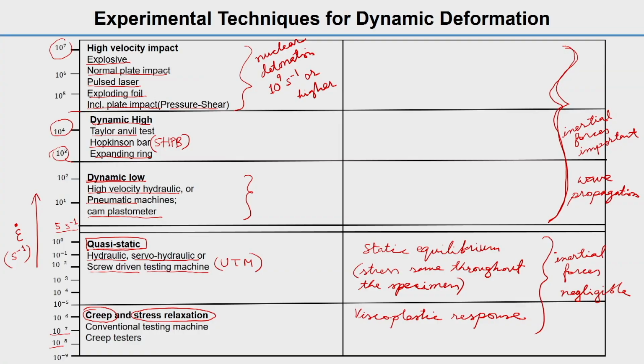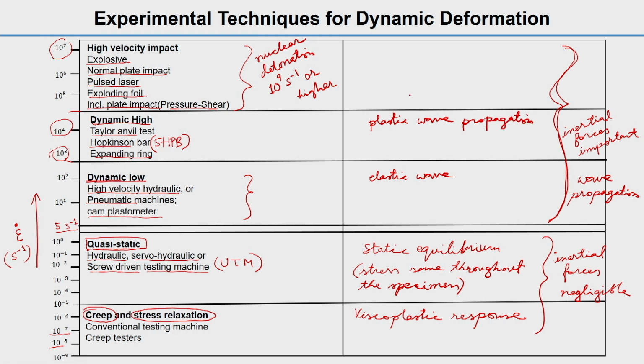In the dynamic low range, we will also have elastic wave propagation. If we have higher amplitude, we can see plastic wave propagation in some of these tests.